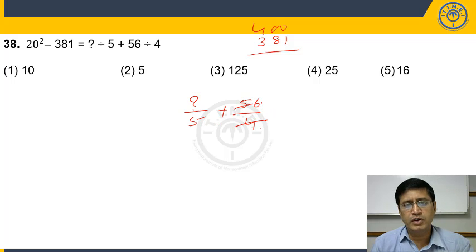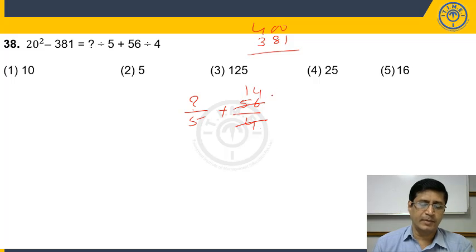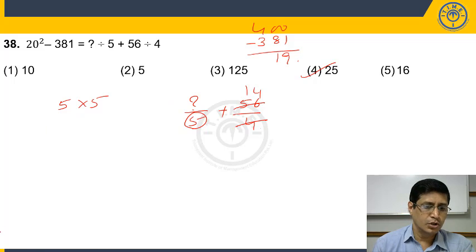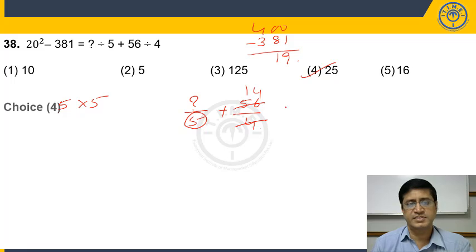Now 4, it goes exactly how many times? It goes exactly 14 times in 56. Now just simplify this. 400 minus 381, that is 19. 19 minus 14, that is 5. 5 into 5, it is 25. So what is the result? Option number 4. Choice 4 is the right choice.